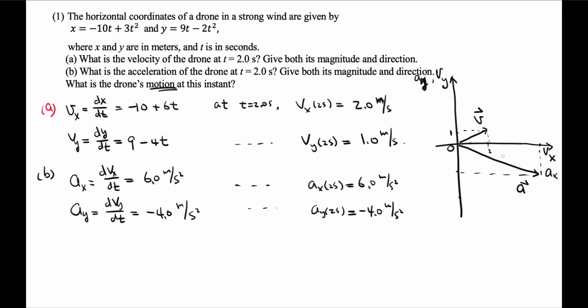Let me quickly draw this projection of A onto the direction of V. That's approximately the A parallel component, and that's the perpendicular component of A. So in this case, at this instant, it is speeding up and turning right. That's the motion of the drone at this instant.